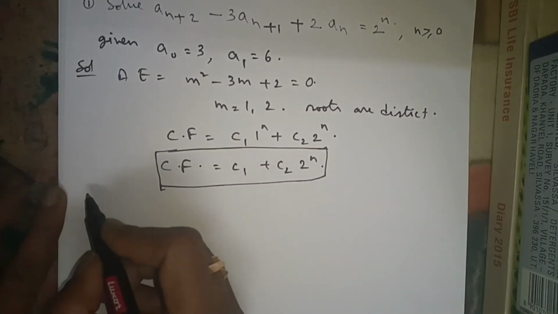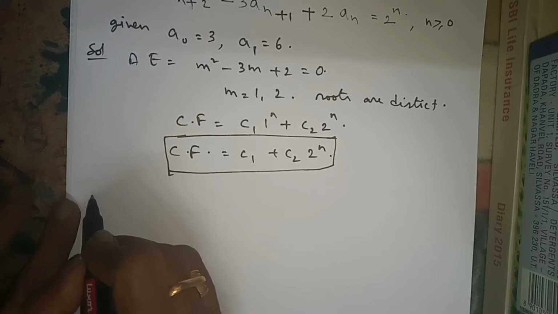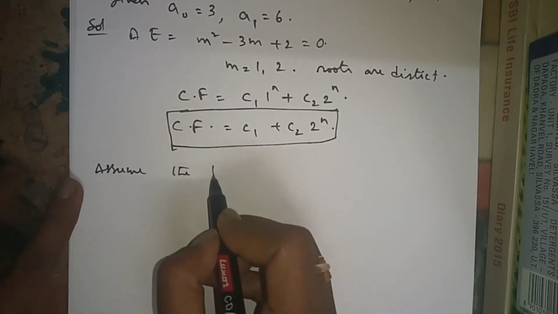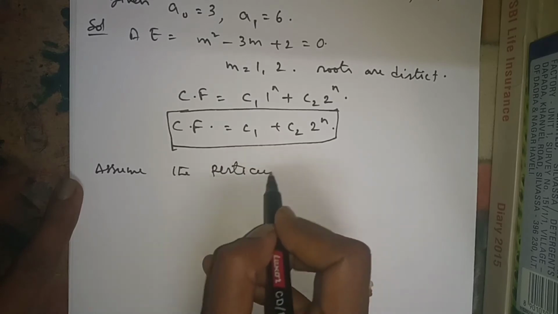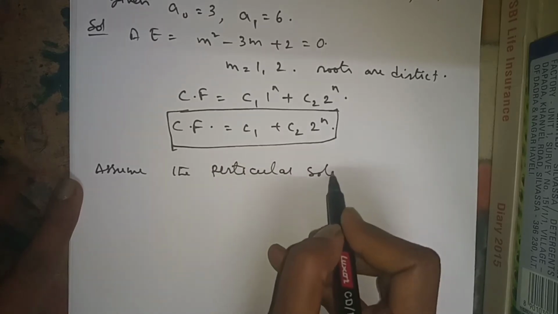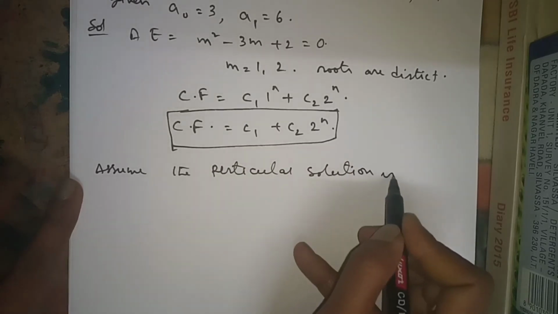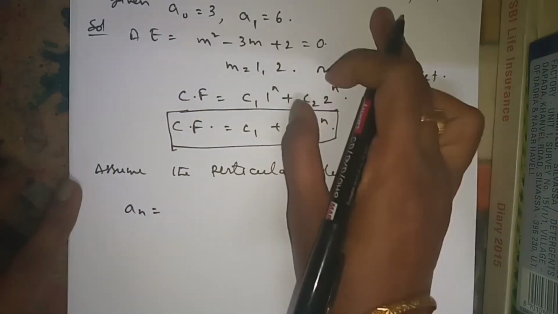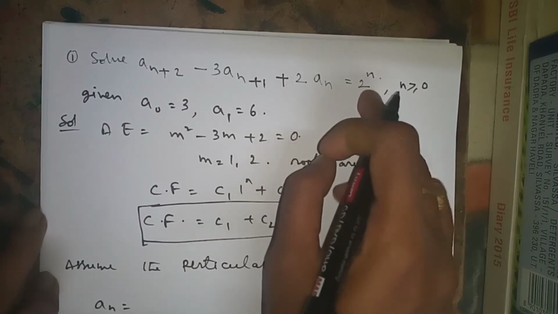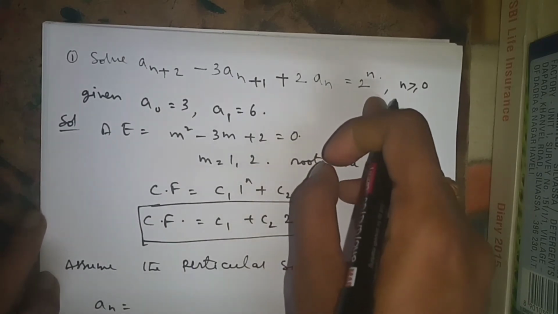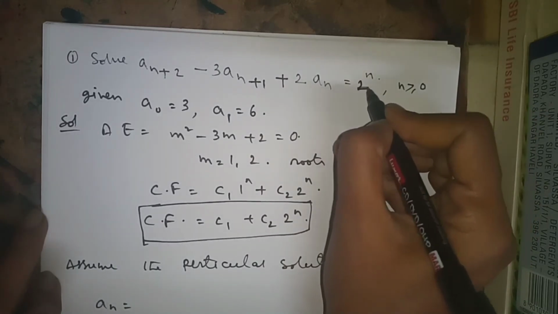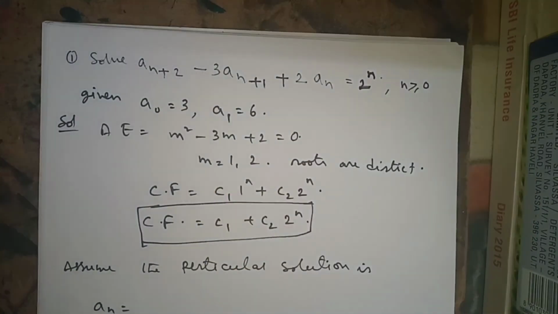Now we have to choose the particular solution. Assume a(n) is equal to... now observe the RHS. 2 to the power of n is there in the RHS, so the RHS is in the form of a to the power of n.